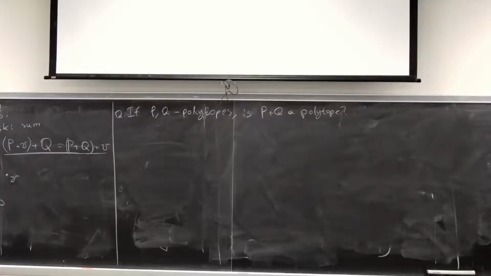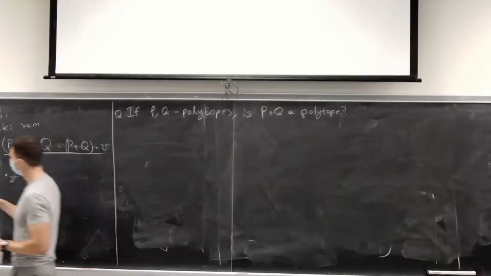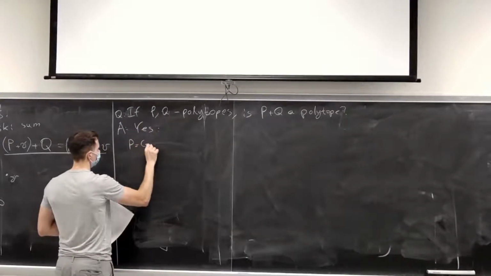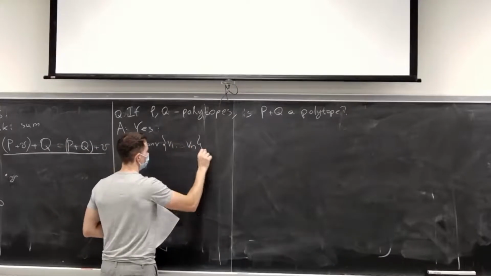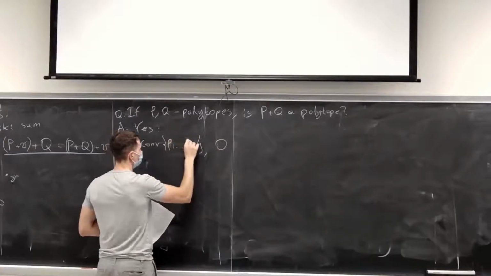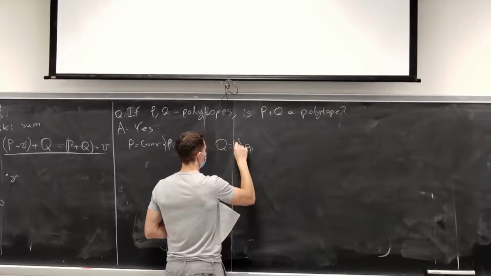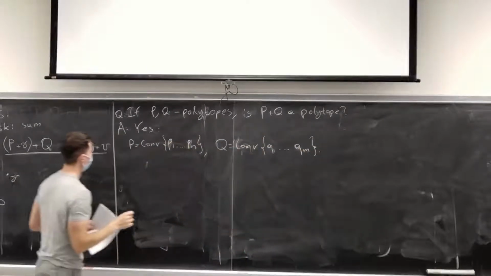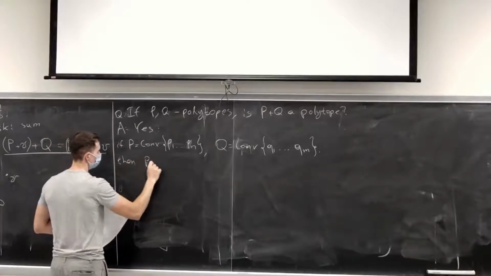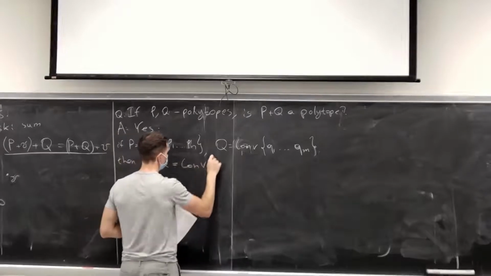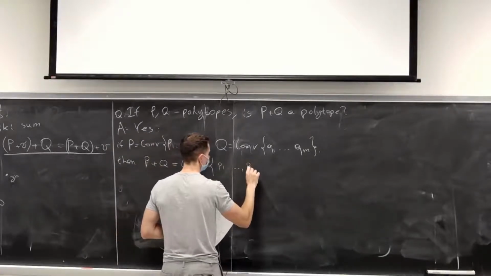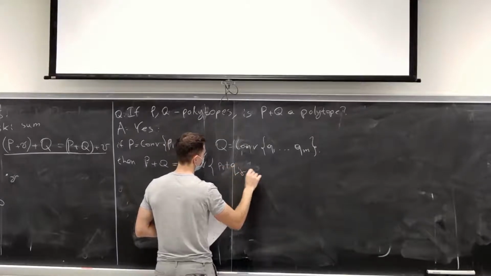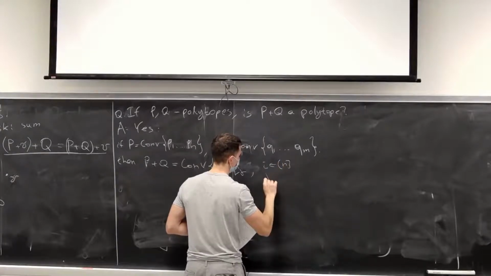But if you use V polytopes, then let me say the answer is yes, because if P is the convex hull of P1 through Pn, and Q is the convex hull of Q1 through Qm, then P plus Q is the convex hull of, well, you actually take Pi plus Qj for all i in bracket n, for all j in bracket m.